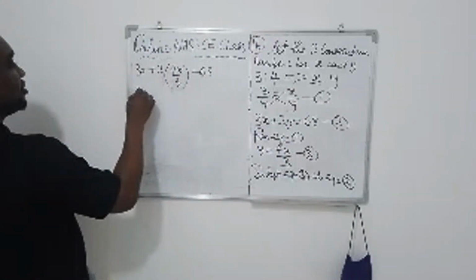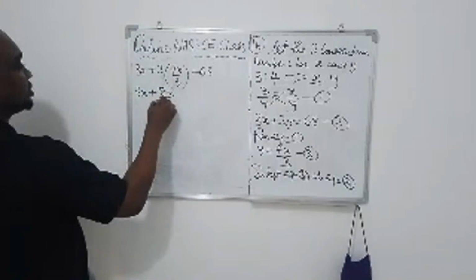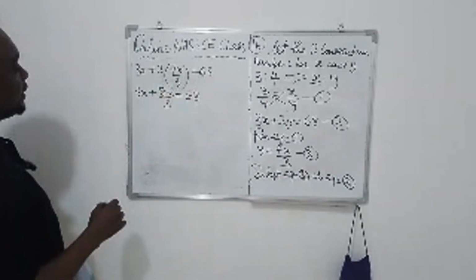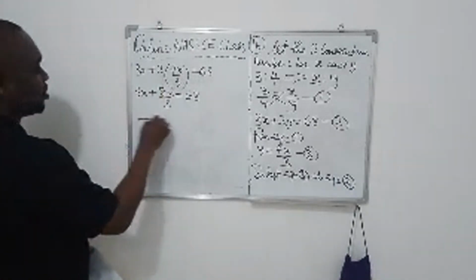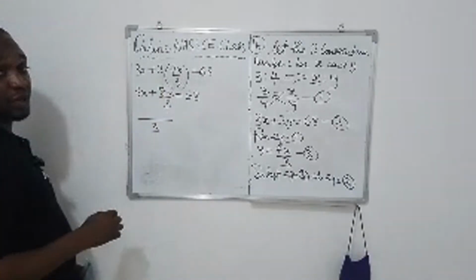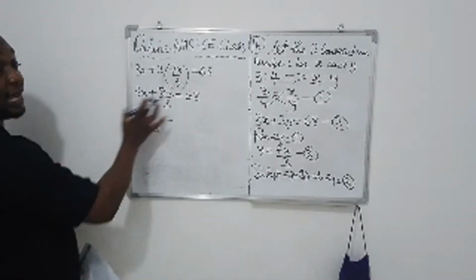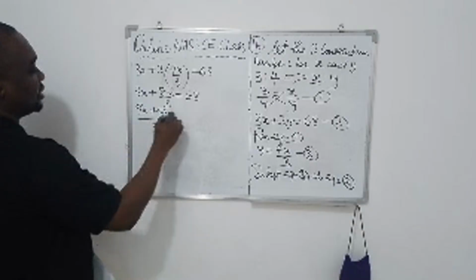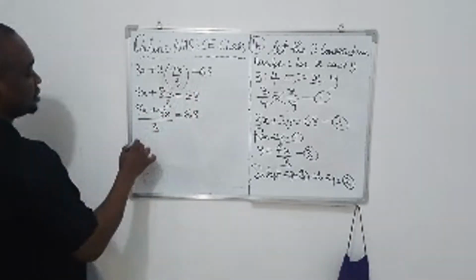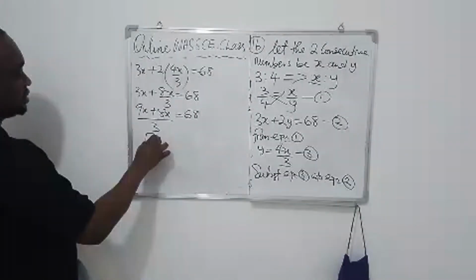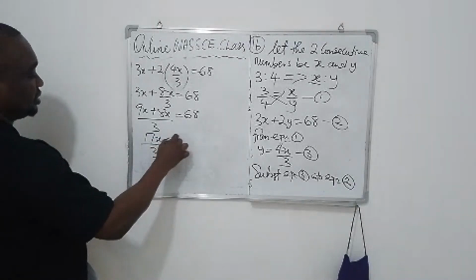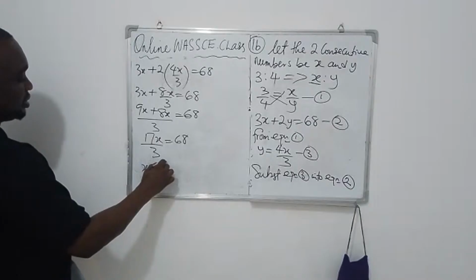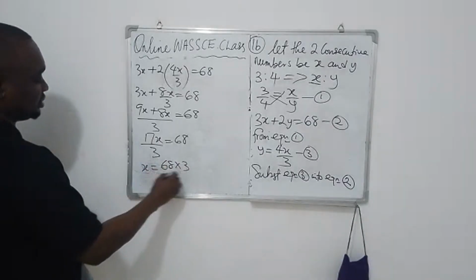Open, I have 3x plus 8x over 3 is 68. All right. My common LCM being 3, let's do it like that. Since they are both x, they are like terms. So I have 9x plus 8x over 3 is equal to 68. And we have 17x over 3 is 68. So that x will be 68 times 3.